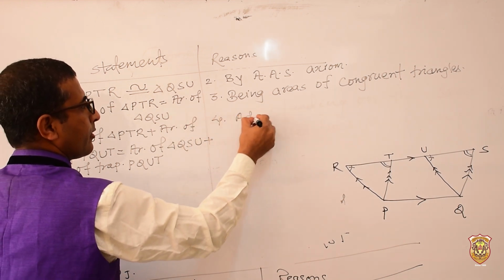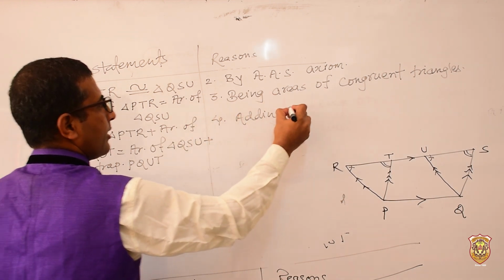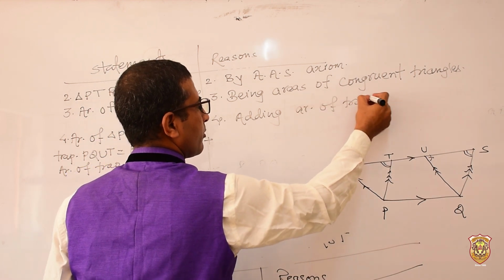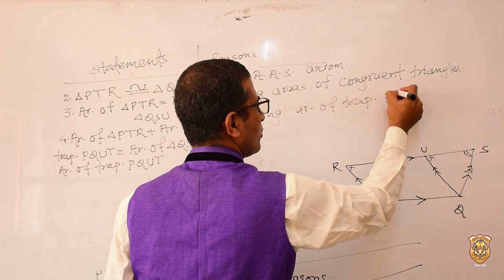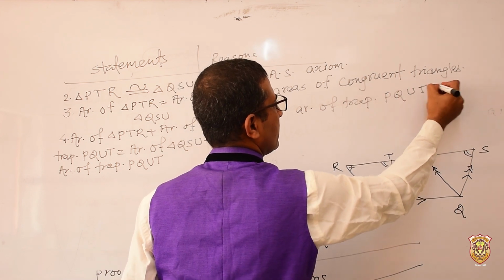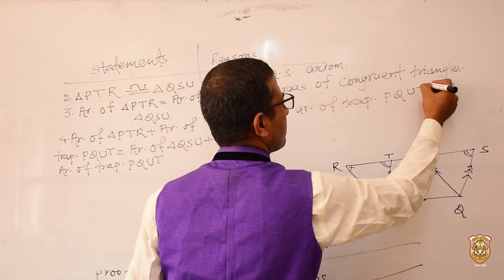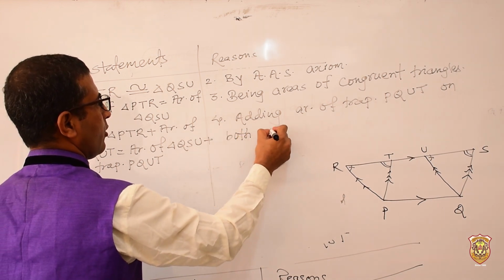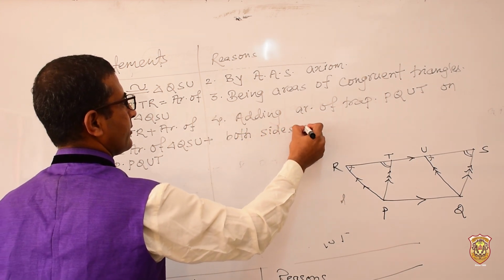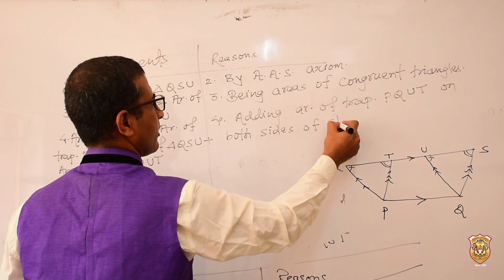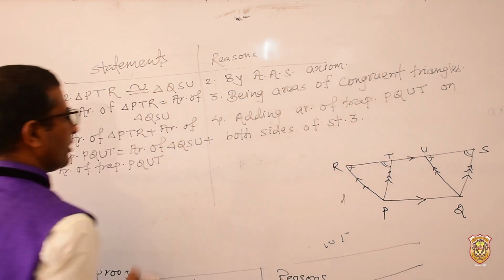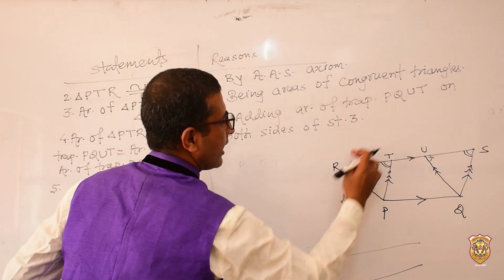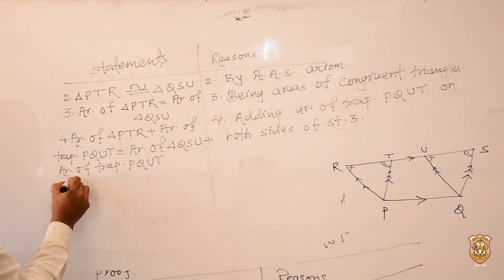Adding area of trapezium PQUT on both sides of statement 3, that's our result. If you add these two, that's the parallelogram.